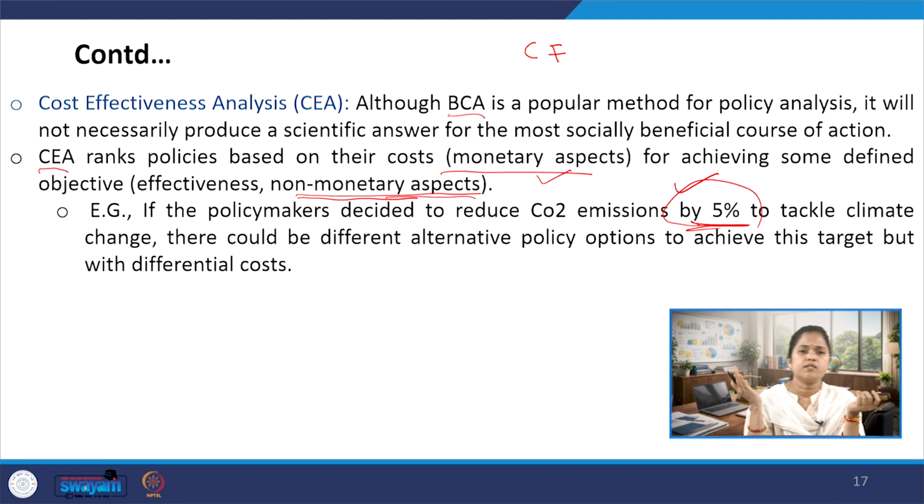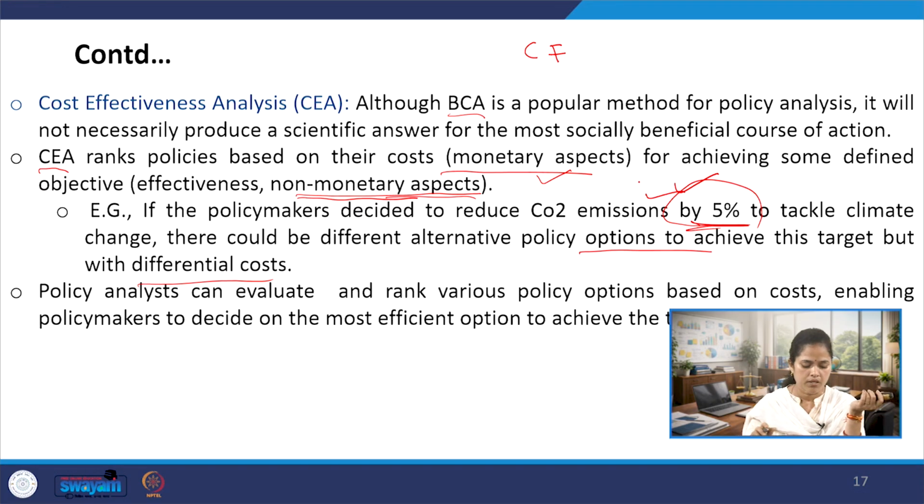There could be multiple alternatives to achieve the same target. And simultaneously, when the target is the same and alternatives could be many, they could also involve different costs. So with differential cost and different alternatives, the target could be the same. That is what is known as the monetary aspect, and the non-monetary aspect is the effectiveness, that is to reduce carbon dioxide emission by 5%.